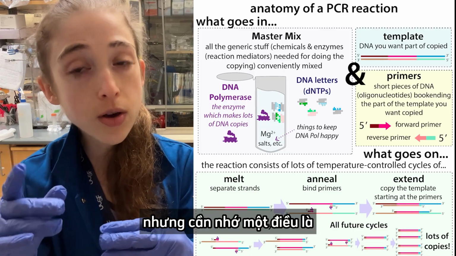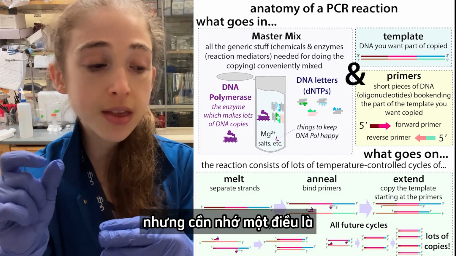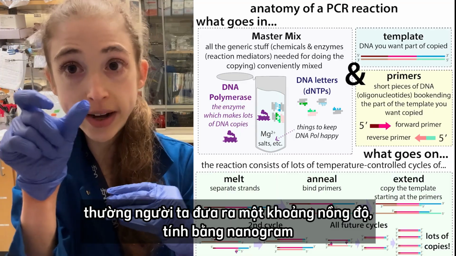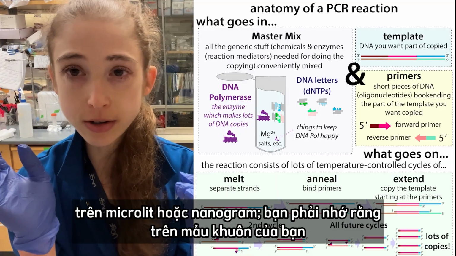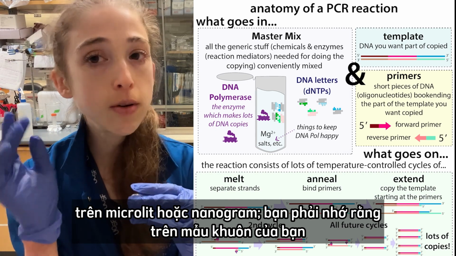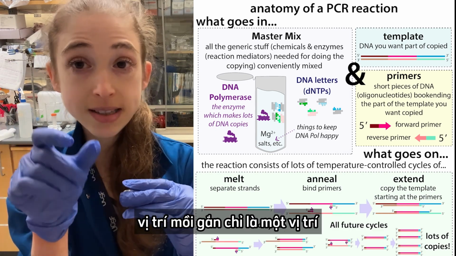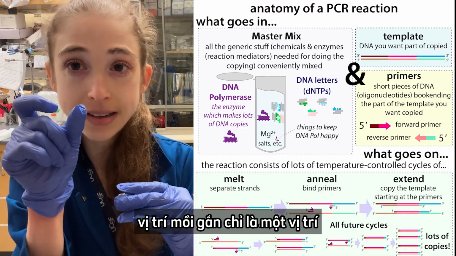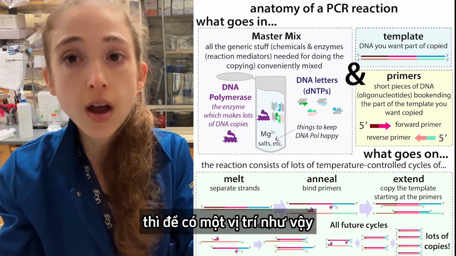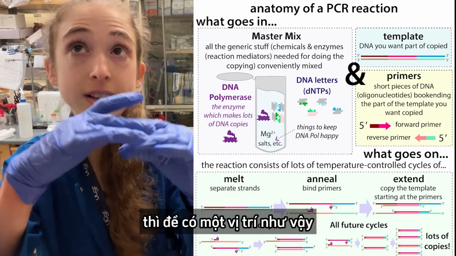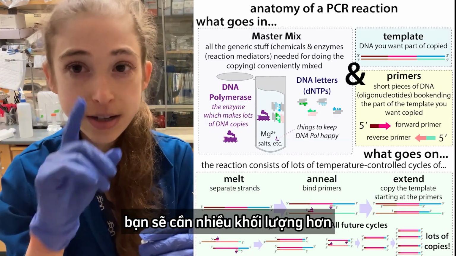One thing to remember though is that often it gives a range of concentrations, like in nanograms per microliter or nanograms. You have to remember that your template, the site of where the primer binds, is just one site on your template. And if your template's really, really big, that means it's going to take a lot of mass to have one single site.